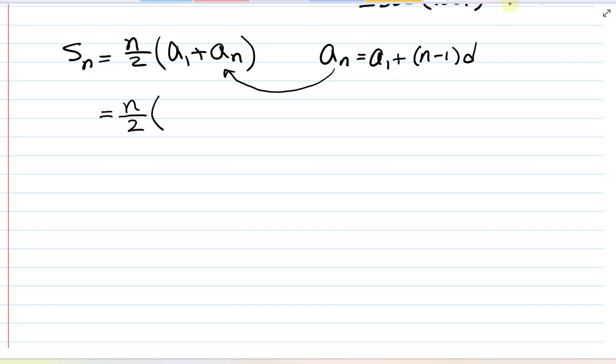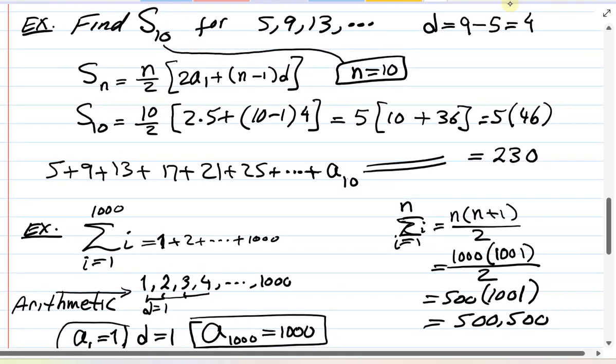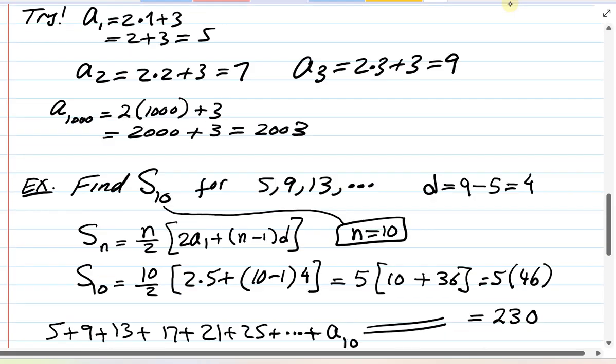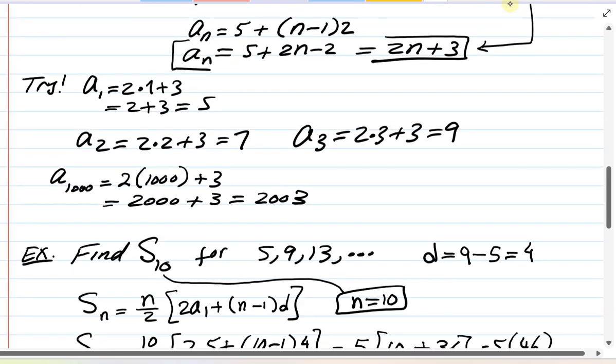So this is n over 2 times [a sub 1 plus a sub 1 plus n minus 1 times the common difference]. And change parentheses to brackets if you like. a1 and a1 are like terms, making 2a1 plus n minus 1 times the common difference. And guess what? This formula is exactly the one we just saw up here. So you can go from one to the other.